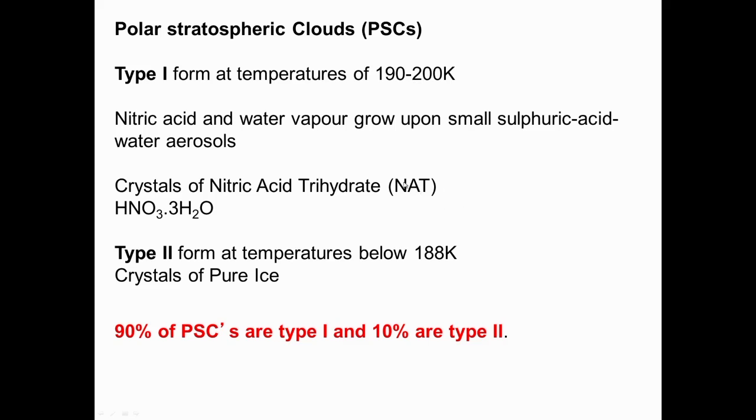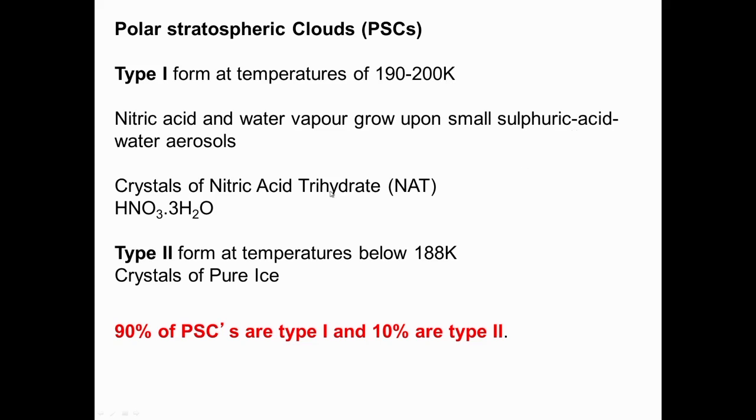But if you're above 188, so between about 190 and 200 Kelvin, where the temperature's just right, you can form nitric acid trihydrate. And this NAT is a solid, okay? So they're crystals. The polar stratospheric clouds formed between 190 and 200 Kelvin can thermodynamically be shown to comprise nitric acid and water vapour growing on small sulfuric acid particles.